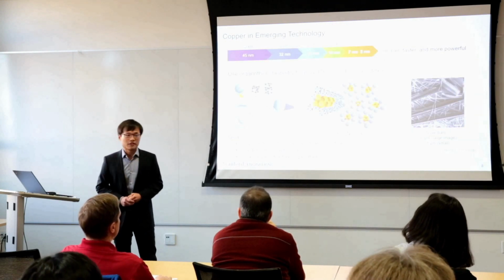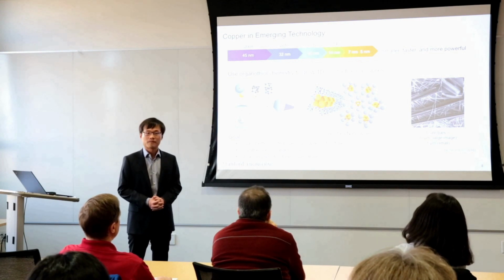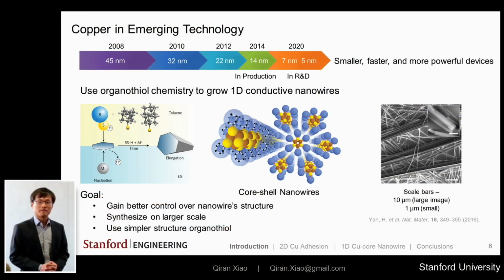For emerging technology, copper continues to play an essential role. Moore's law, the yardstick by which chip and system manufacturers gauge progress, posits that the number of transistors that can be placed inexpensively on a microelectronic device doubles approximately every 2 years. Historically, semiconductor manufacturers have been keeping pace by continuously shrinking the feature size to increase the number of transistors on a circuit.